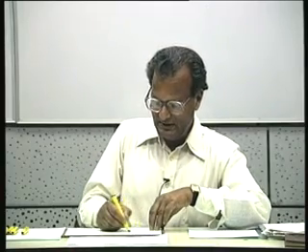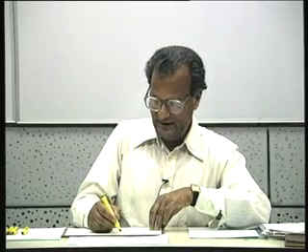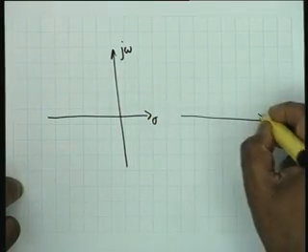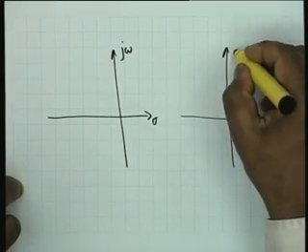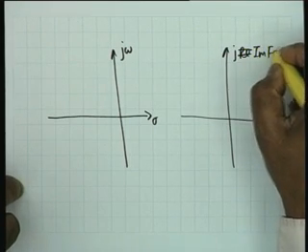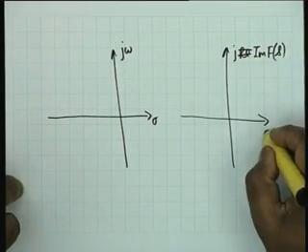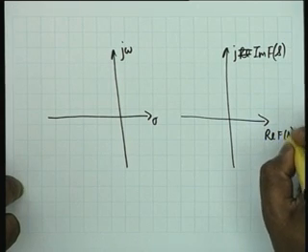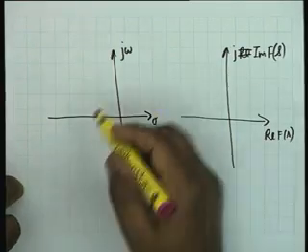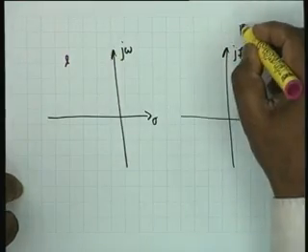What we simply mean is the following: if we have an S plane with sigma and j omega, and an f of s plane with the imaginary part of f of s and the real part of f of s, then this is the S plane and this is the f of s plane.